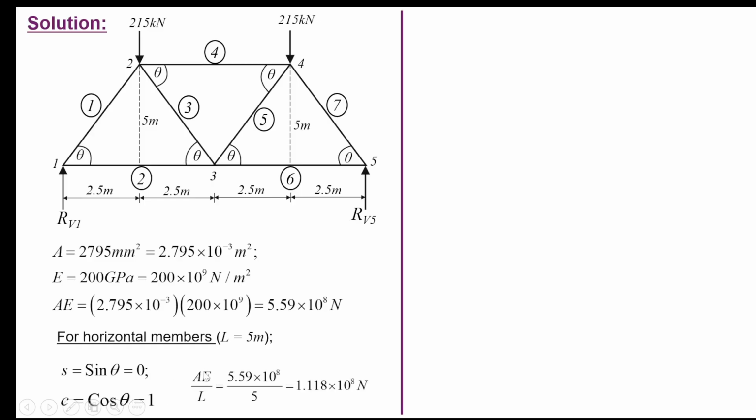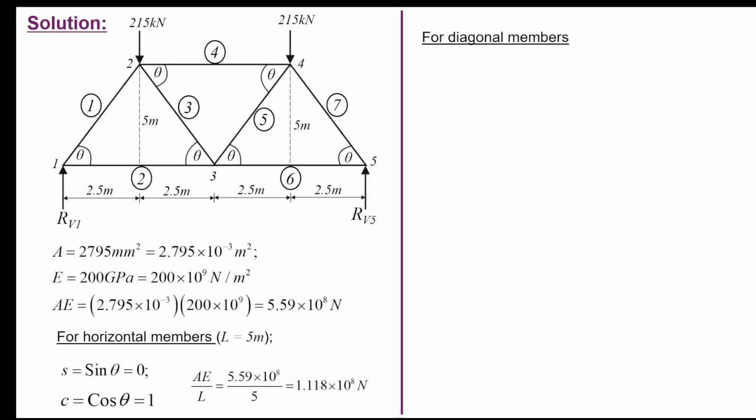If you calculate AE over L for each of them, it is 5.59 times 10 raised to power 8, which is the AE, divided by 5, which is the L. So for such members, AE over L is 1.118 times 10 raised to power 8 Newton.